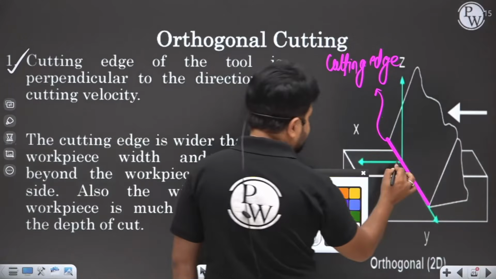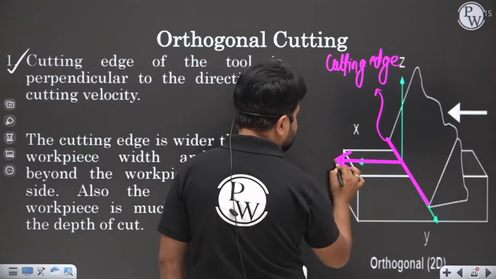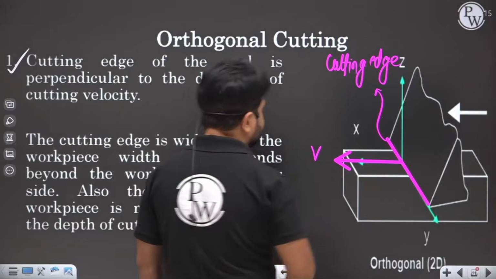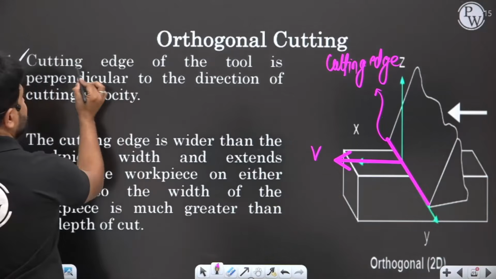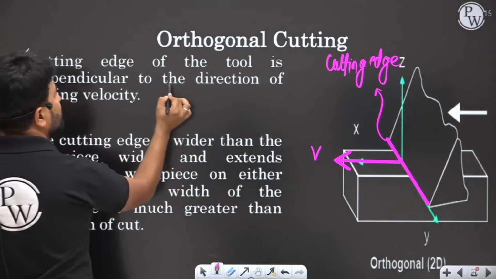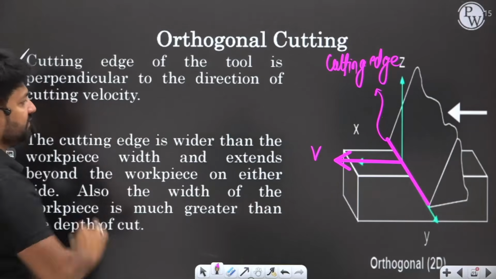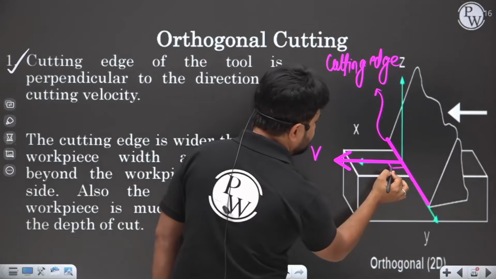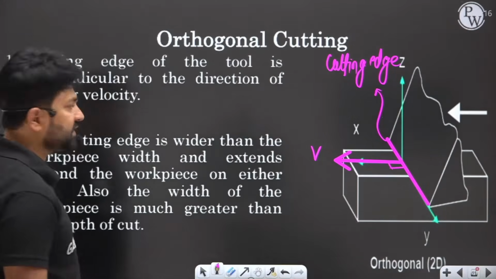This is the cutting velocity, that is V. So the first assumption is the cutting edge of the tool is perpendicular to the direction of cutting velocity. So here the velocity is perpendicular to the cutting edge.